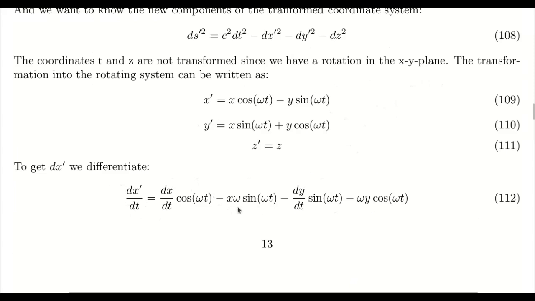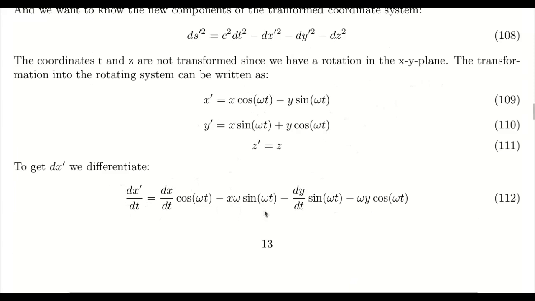And then in the second term, x remains unchanged, and the derivative of the cosine function is minus sine. And we have an inner function, omega t. That means we must apply the chain rule for the differentiation. The inner derivative is omega, and so we get an additional omega factor.